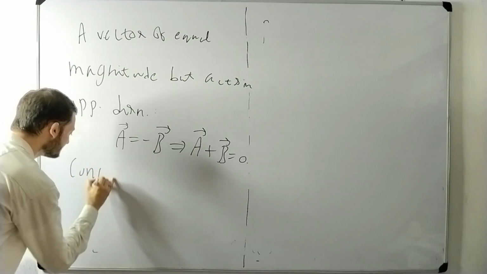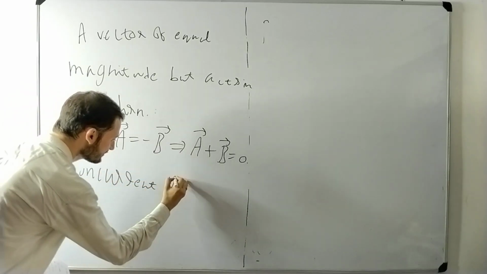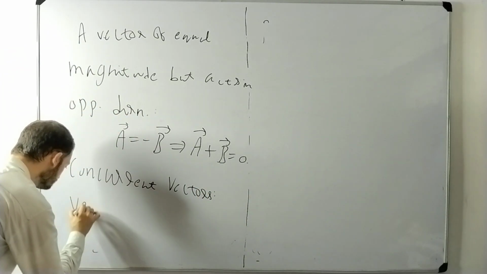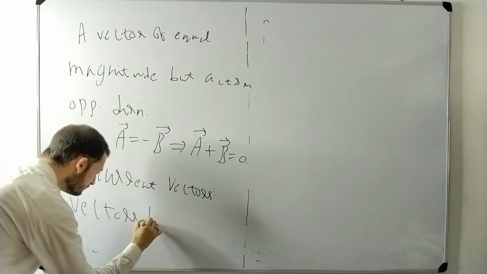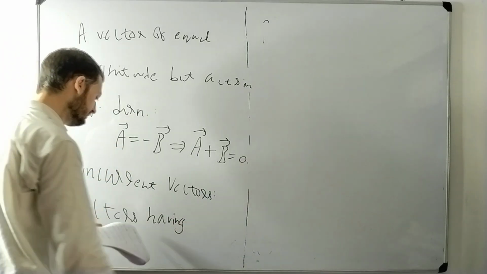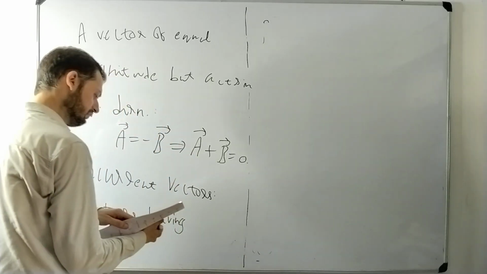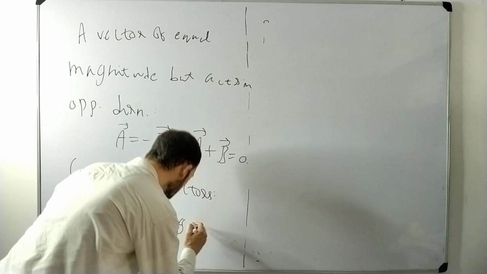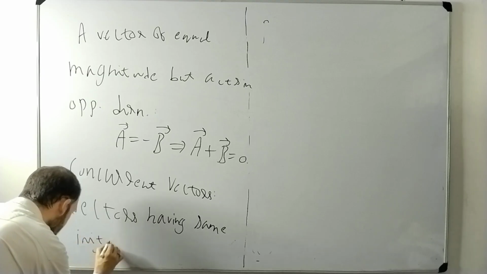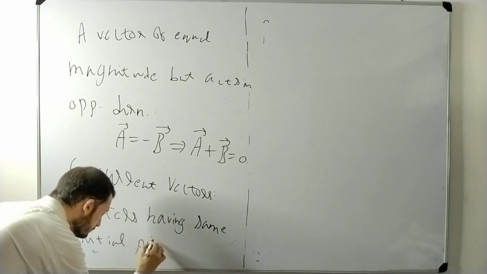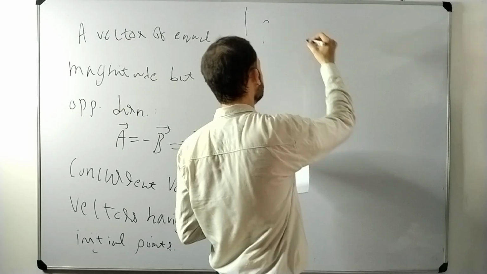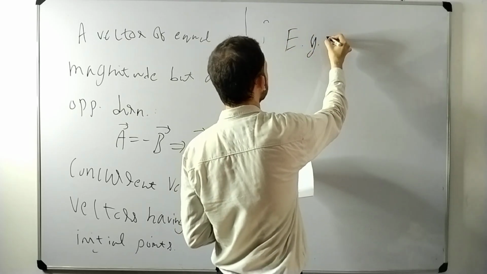Concurrent vectors are vectors having the same initial point. Let me give an example to explain myself.